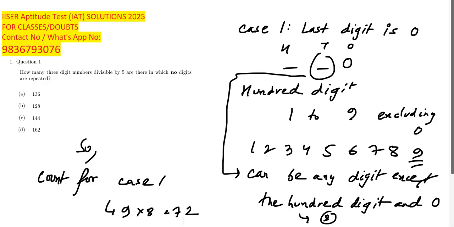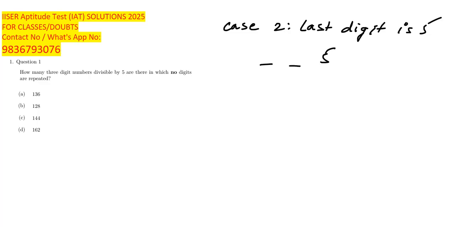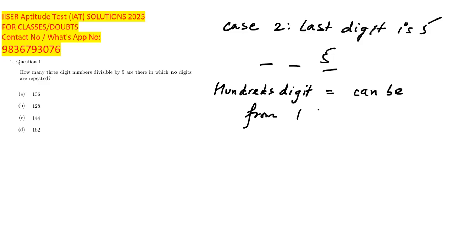Okay, now case 2. Here the last digit is 5. So again, in a 3-digit form, 5 will be on the last digit. The hundreds digit can be from 1 to 9 excluding 5.